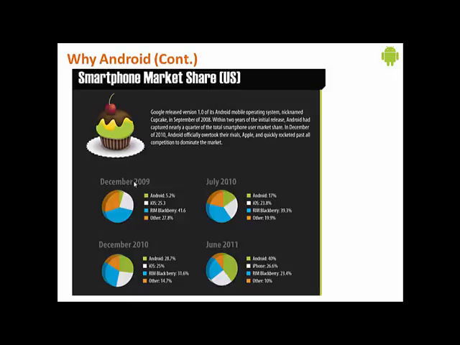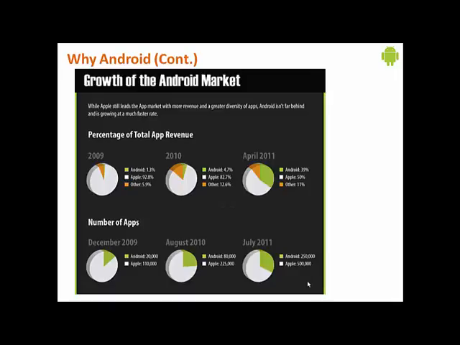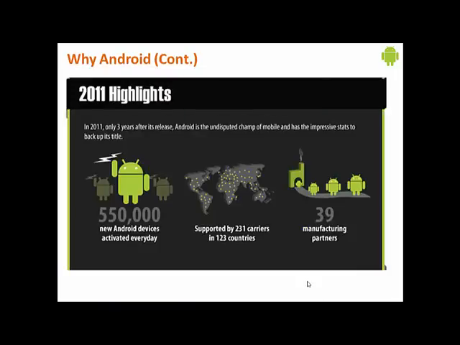So you can see some statistics of smartphone market share, and it is seen that Android in August 2011 is at 150 million. The Android market has the highest percentage of free apps with 57% when compared to the Apple market. Yeah. So the market is getting higher, right?